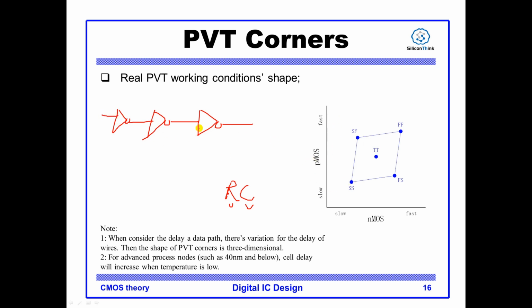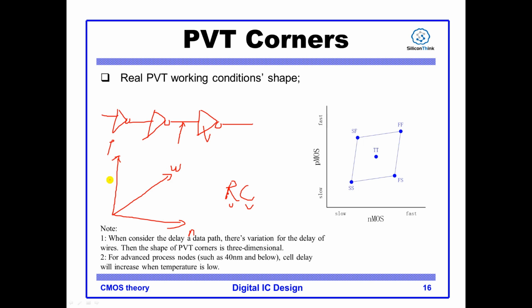In this figure, we just considered the variation of the NMOS and PMOS. If you also consider the variation of wires, the shape of the working corner needs to change from 2-dimensional to 3-dimensional. For example, you may draw something like that. This is the NMOS, this is the PMOS, and this should be the wire delay variation.